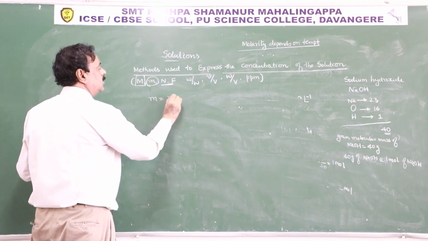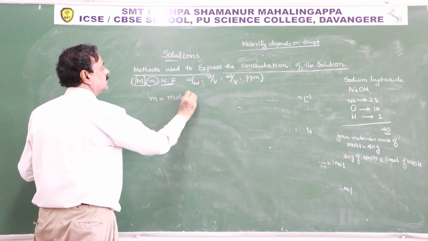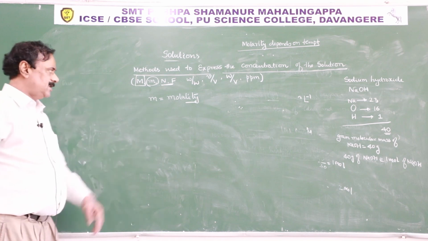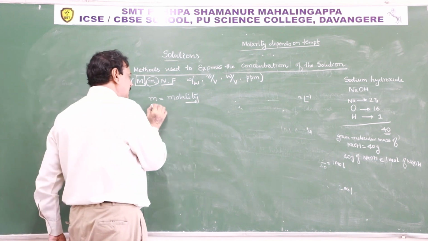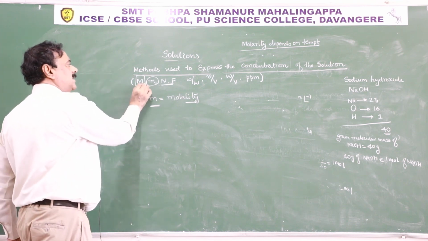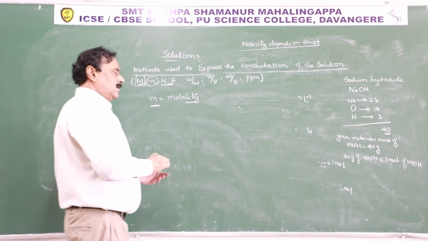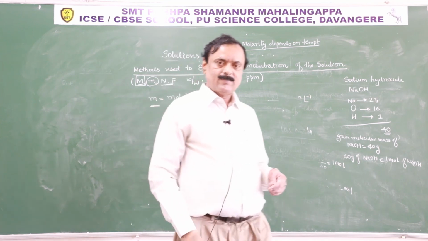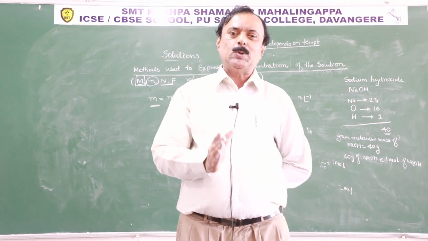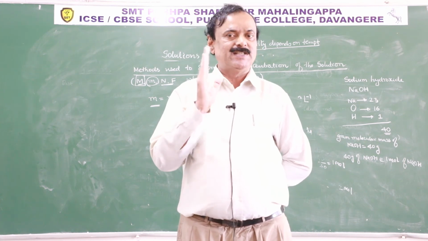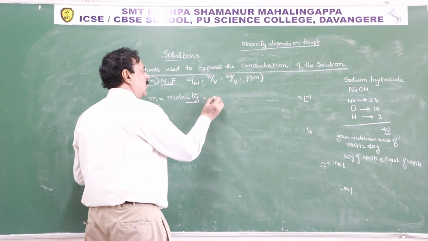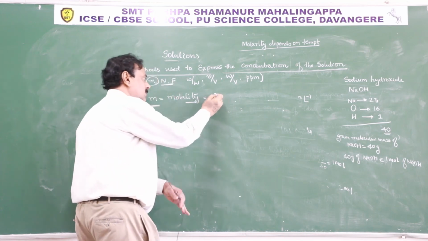Molality is represented by small letter m, molarity by capital letter M. What is molality? The number of moles of the solute present in 1 kg of the solvent.